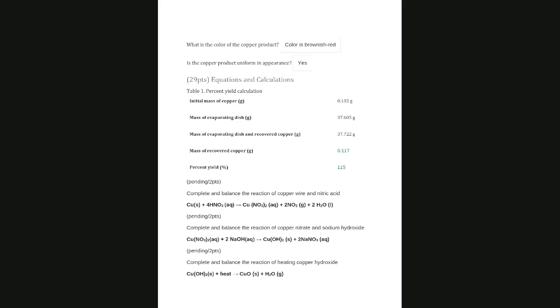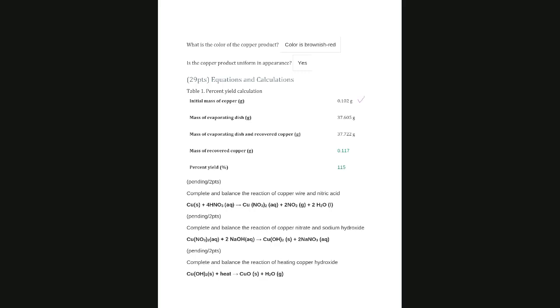Very good. And how do I get the percent yield? Once I have the recovered copper, what did I do in the example? The mass of the recovered copper times 100 divided by the original mass of copper, which is 0.12.